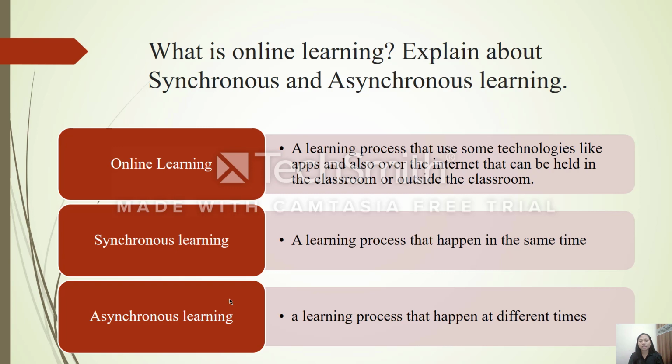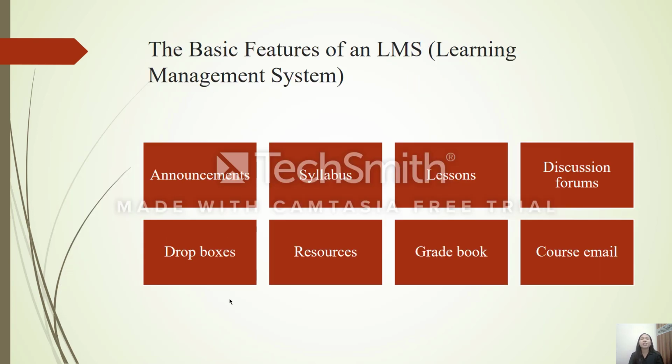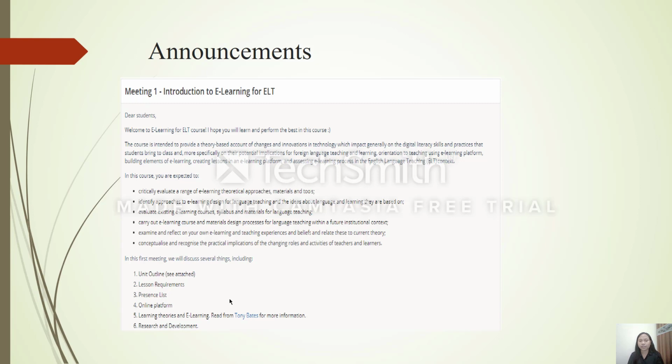And then the second question is the basic features of an LMS, or learning management system. There are 8 basic features of an LMS. Let me discuss them one by one. The first is announcements.